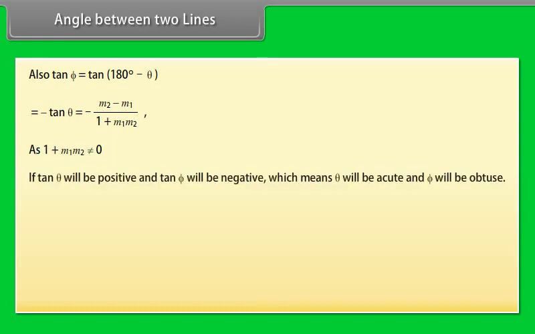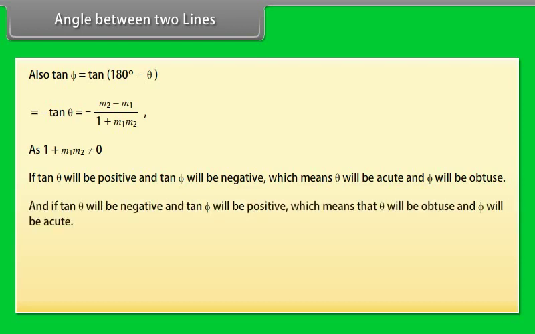If tan theta is positive and tan phi is negative, then theta will be acute and phi will be obtuse. And if tan theta is negative and tan phi is positive, then theta will be obtuse and phi will be acute.